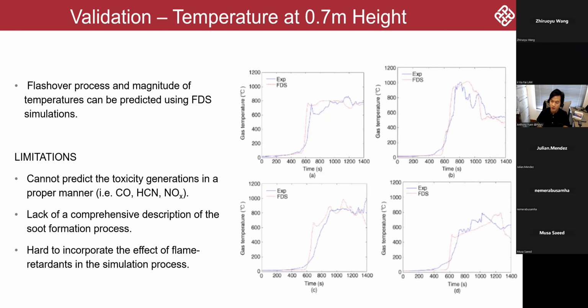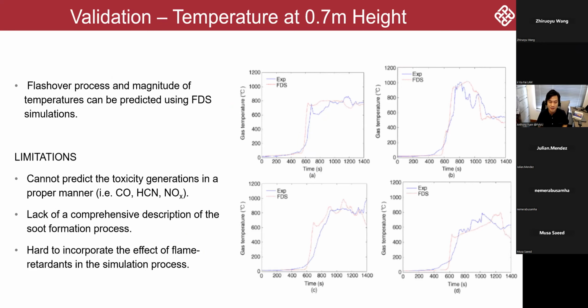And the quality is not that high. But anyway, even comparing the temperatures, it's doing not bad. For FDS, there's a bit of underestimation for some of the results, which is always not good. We want to overestimate a bit to be more conservative.